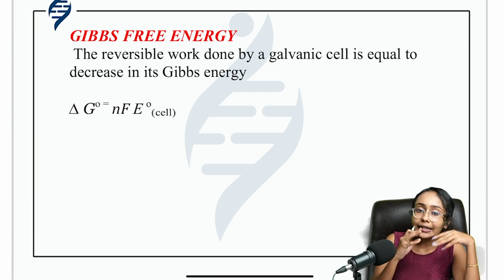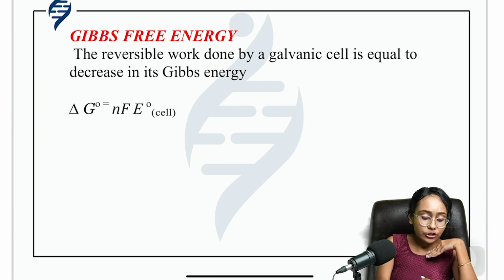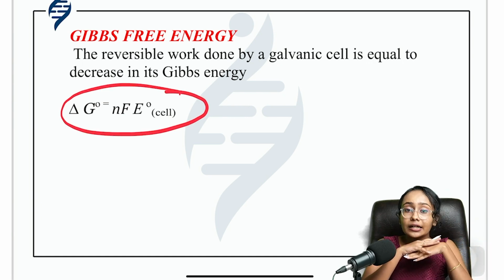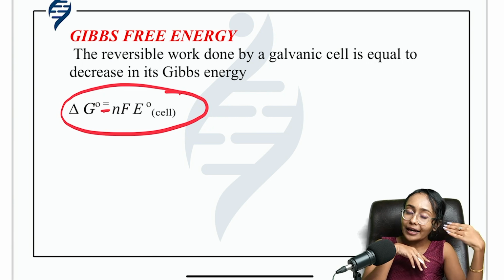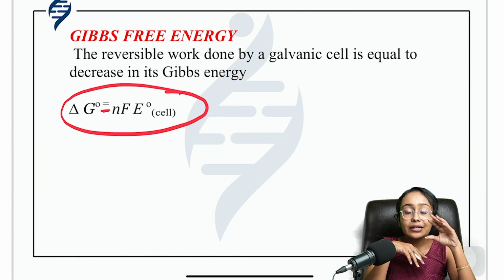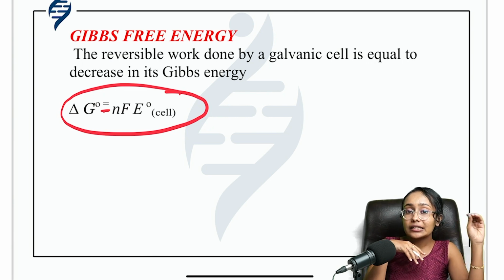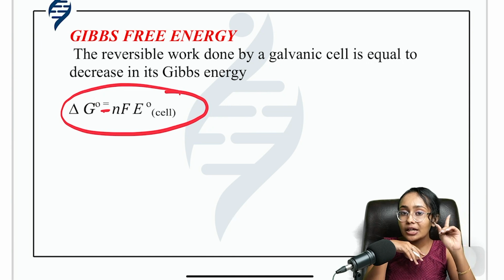Connecting the Gibbs free energy and the cell potential, we have a relation like this: delta G equal to minus nF E cell, or minus nF E naught cell. It's a relation connecting cell potential and Gibbs free energy, delta G and E cell.